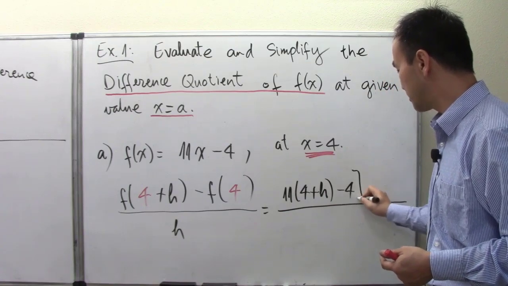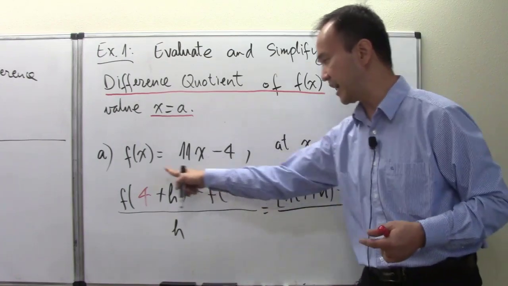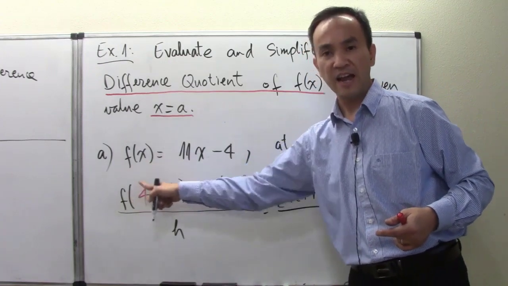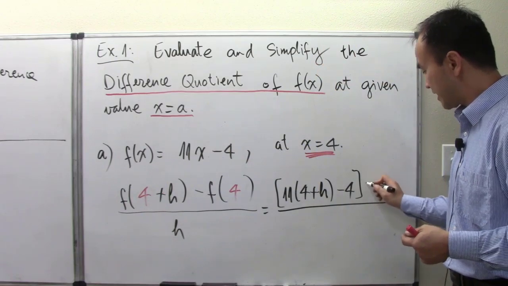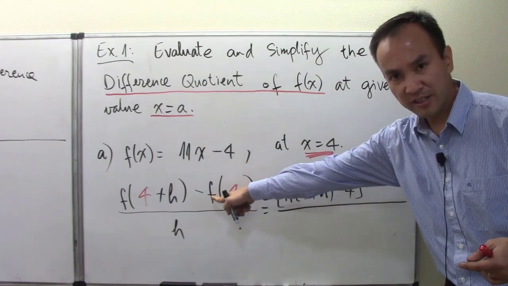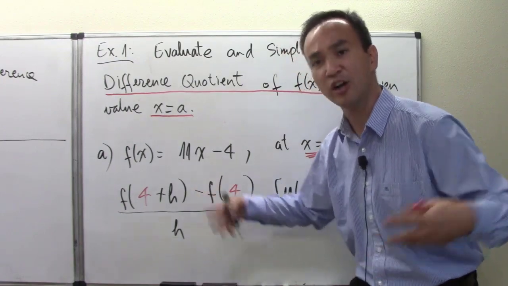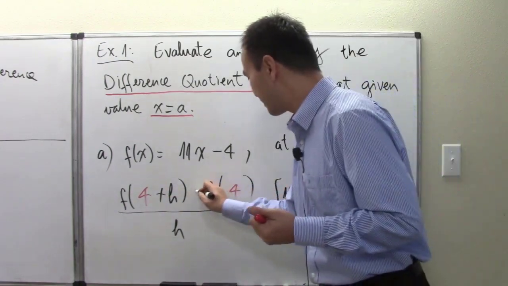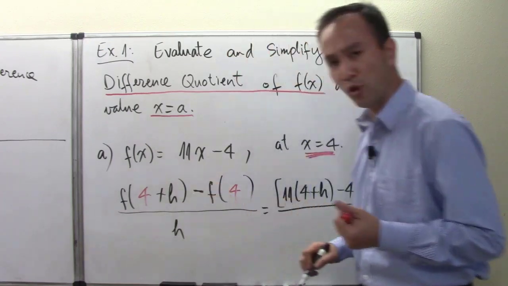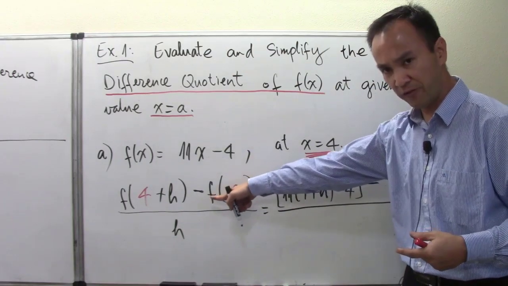I'm going to use a bracket to indicate this whole group is the end result for f at 4 plus h. Now I'm going to subtract. Why subtract? Because the formula said so. And why is there a minus sign here? Because that's what the difference quotient is. We call this setup the difference quotient. So now we are specifically asked to do the difference quotient. That's how we're firing it up.